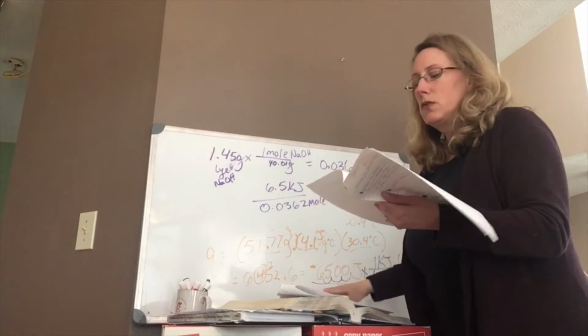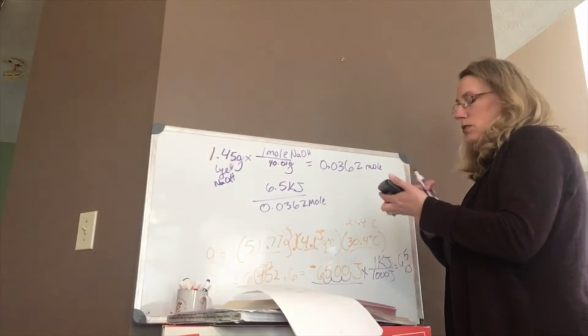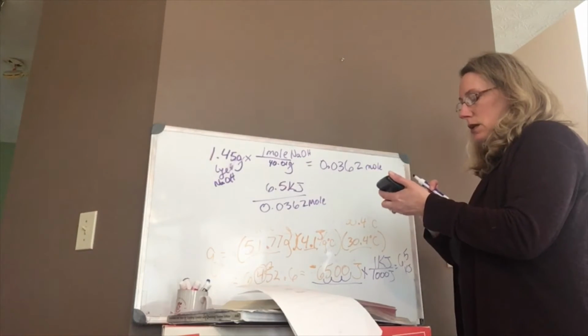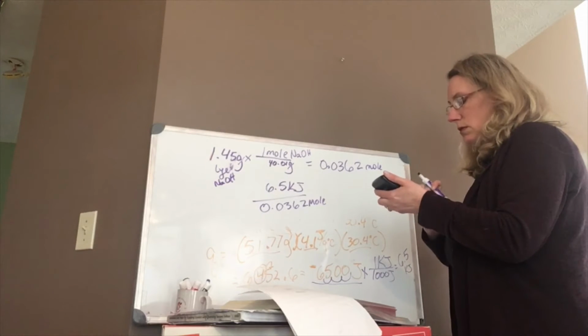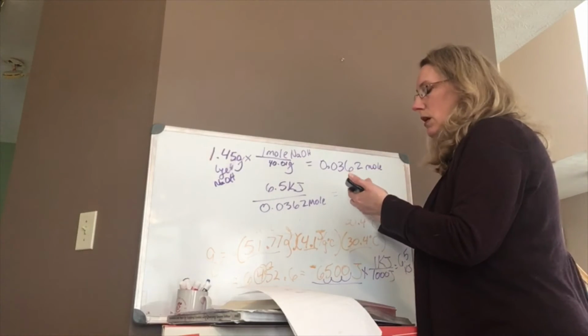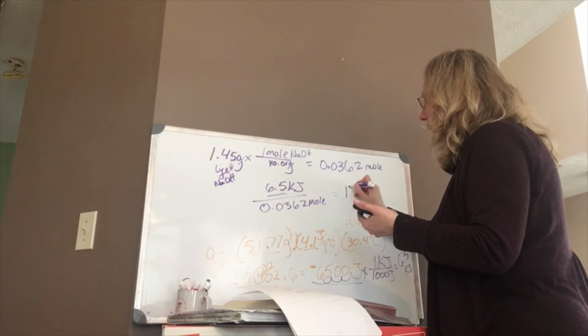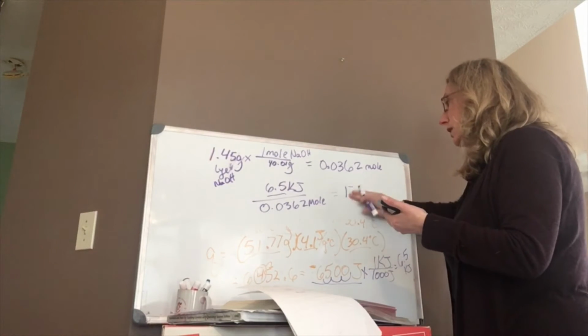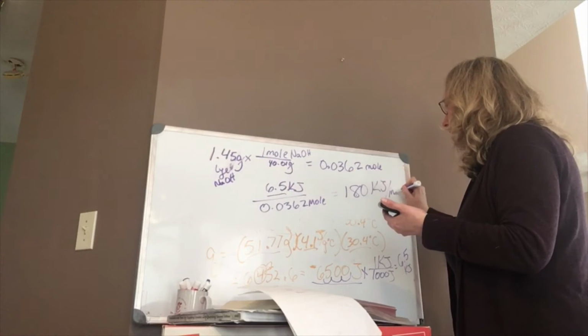So if I take those two numbers, again, your numbers are going to be slightly different from mine. 6.5 over 0.0362. That gives me, I only have 2 significant digits. So 179 rounds to 180 kilojoules per mole.